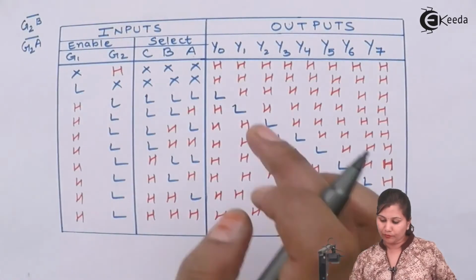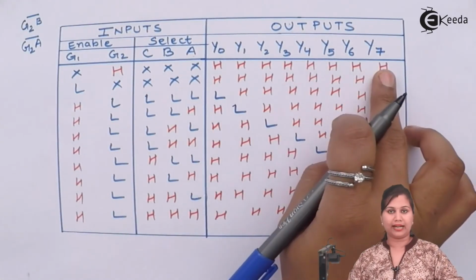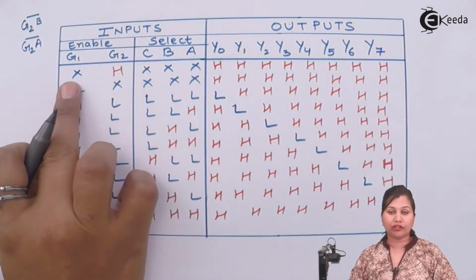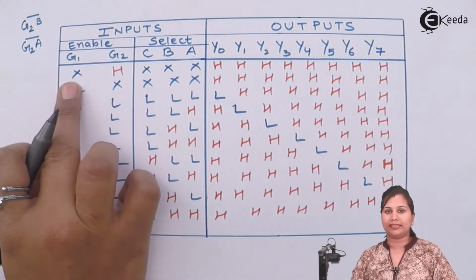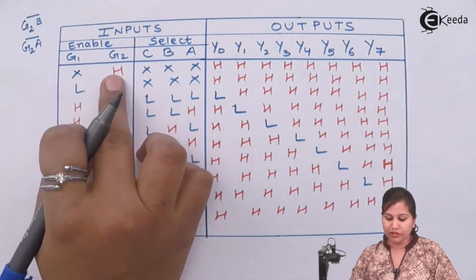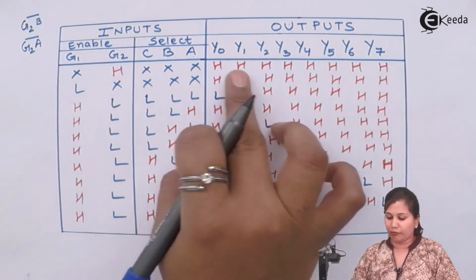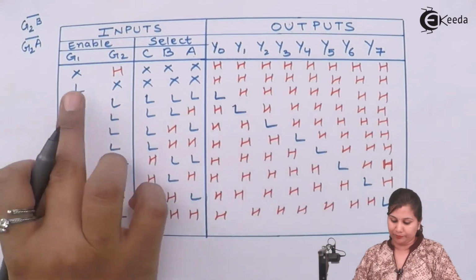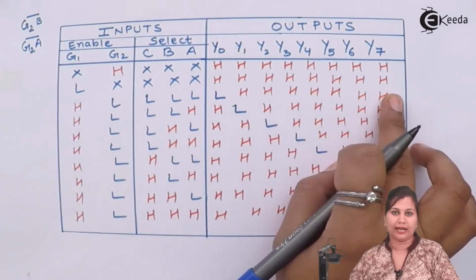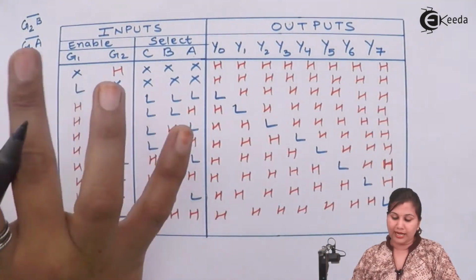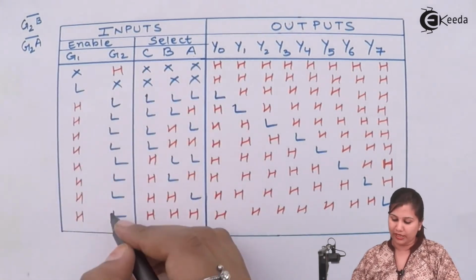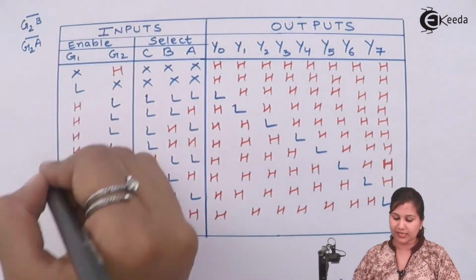If G2 is high, whatever the value of G1, either low or high, it will have no effect, and the output will be high always. Now if G1 is low, then also the output will be high, because we know that this device will be activated only when G2 is low and G1 is high.